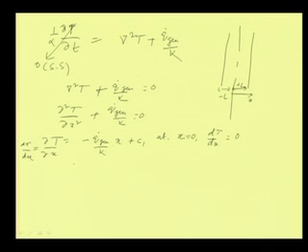So, we can now write dT by dx is equal to minus q dot gen by k into x. If you further integrate this, then we get T is equal to minus q dot gen into x square by 2k plus C2.